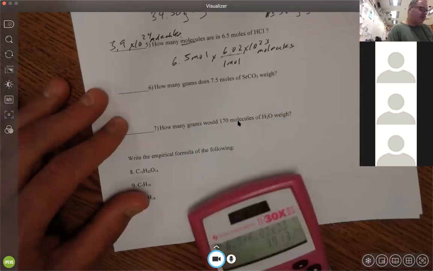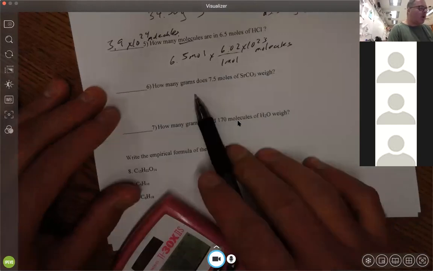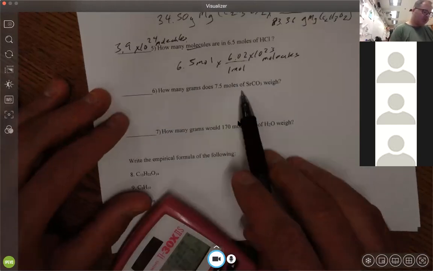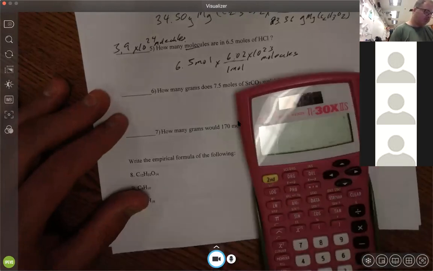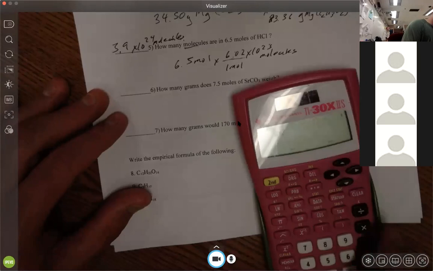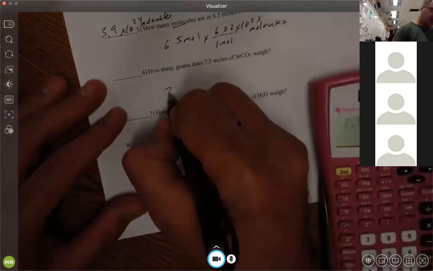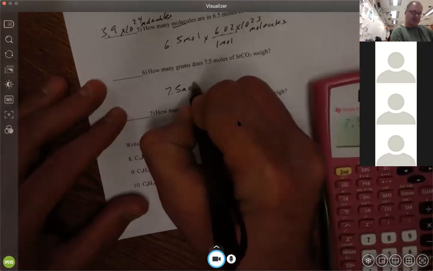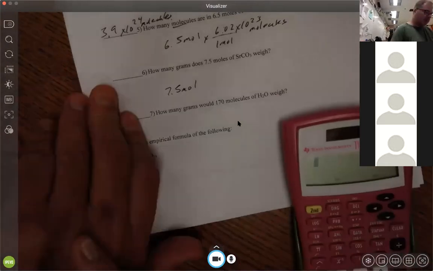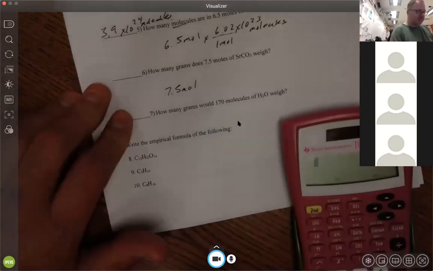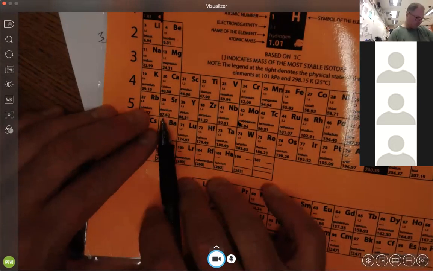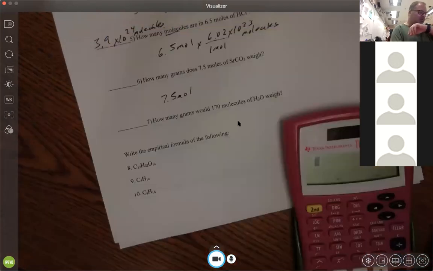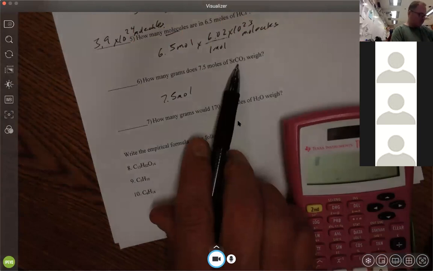How many grams does 7.5 moles of strontium carbonate weigh? We have 7.5 moles. We got to look up strontium carbonate. So strontium is 87.62. 87.62 plus 12.01 plus 3 times 16.